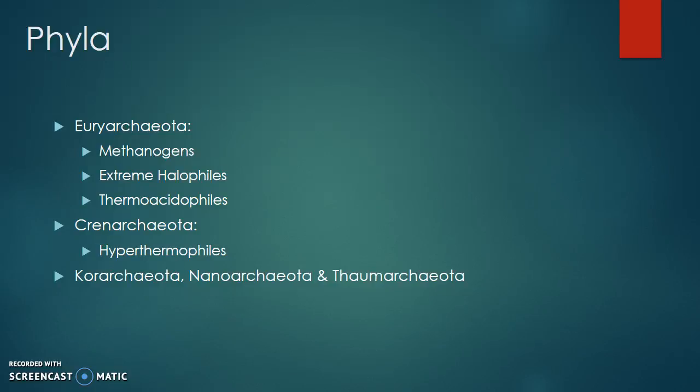Here at the bottom, we have some relatively new phyla that are being introduced: the Korarchaeota, Nanoarchaeota, and Thaumarchaeota. There's not really a lot of evidence right now to suggest adding these, but scientists are discovering new things that may lead to these three being actually introduced as phyla of the Archaea domain.